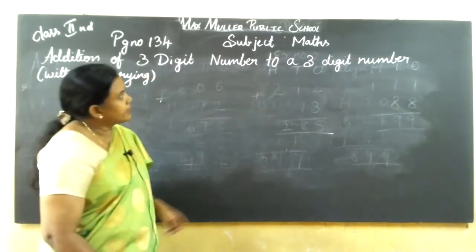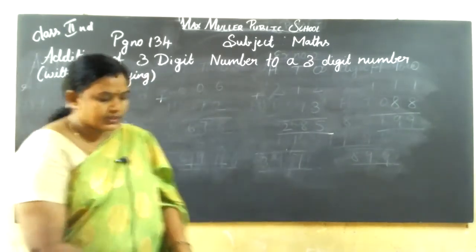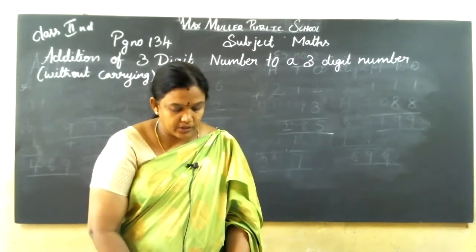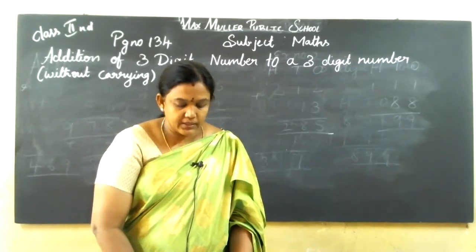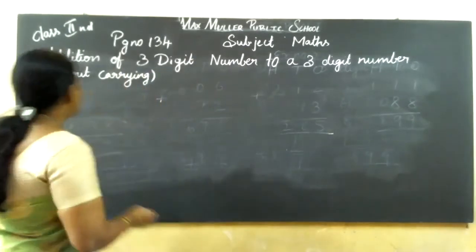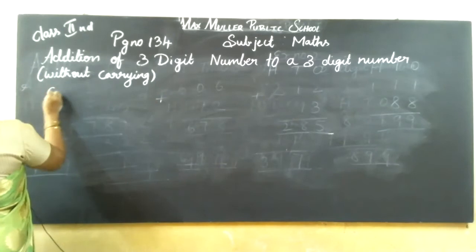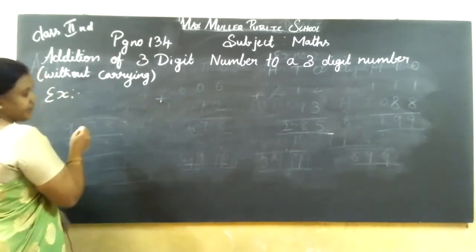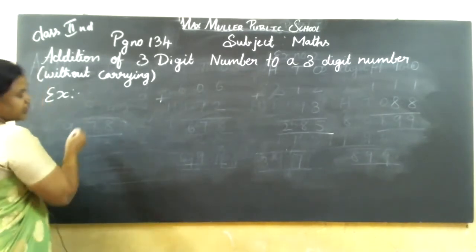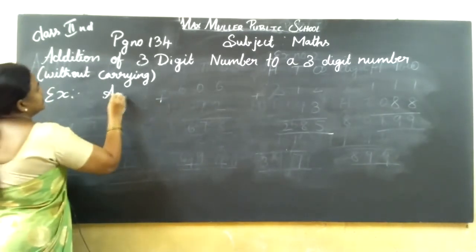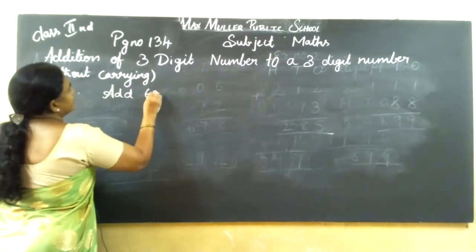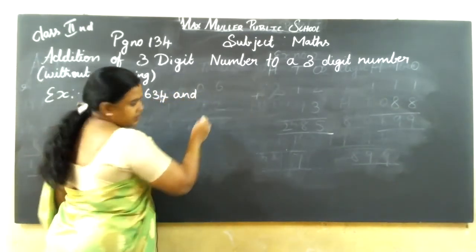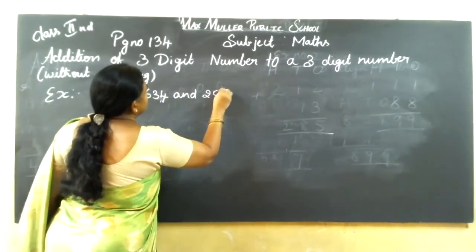Last main what we did, children, addition of 2-digit number to a 3-digit number we did, no? Like same only. Now numbers 3-digit number to a 3-digit number. Up also 3-digit will come, down also 3-digit. Example sum you want to do in the rough note. Add 634 and 252.